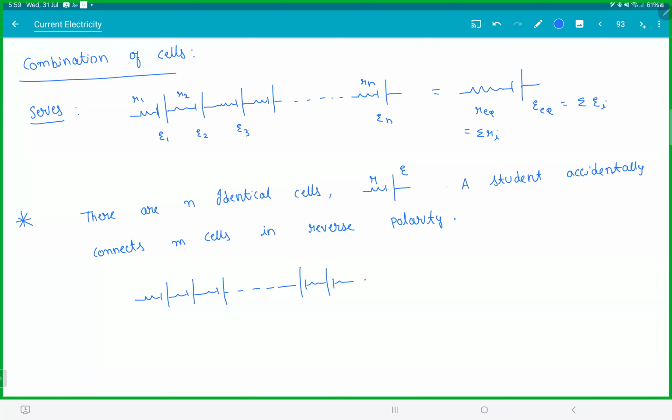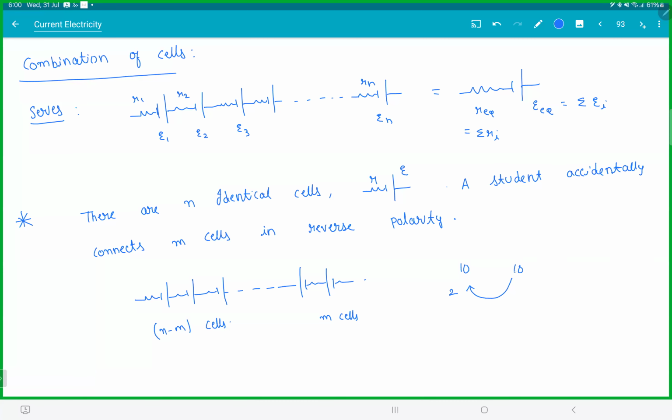Now, if you see here, there are m cells in the opposite direction, and these are n minus m cells. You need to understand something. First of all, you lost m cells, and those m cells were in reverse direction. Think of it like this. If there are 10 gang members in your team, and 10 in my team, and two members leave your team and come to my team, what is the difference? It is not 2, it is 4.